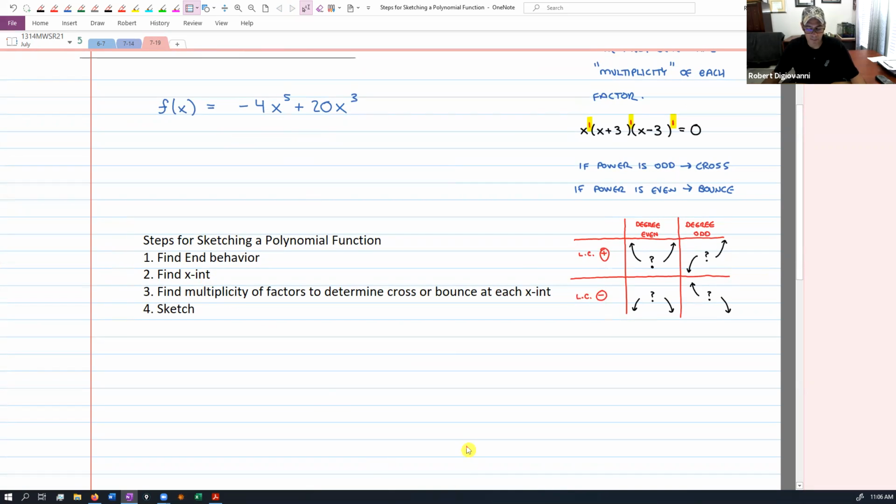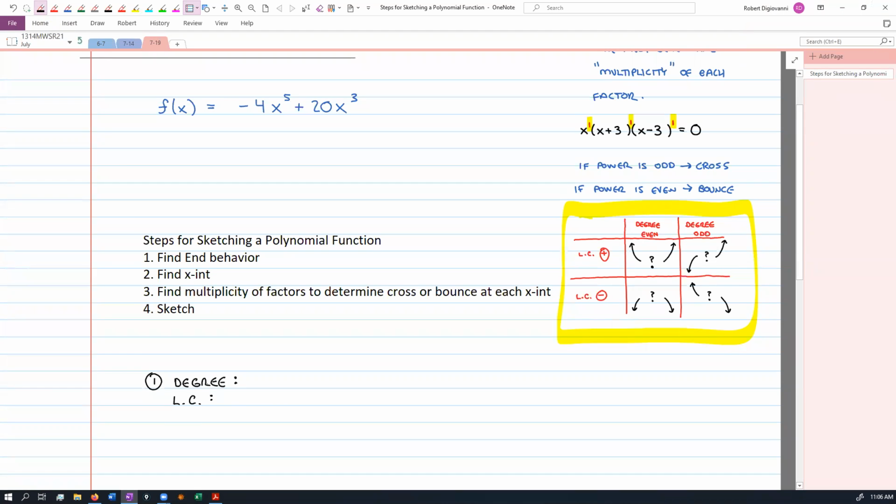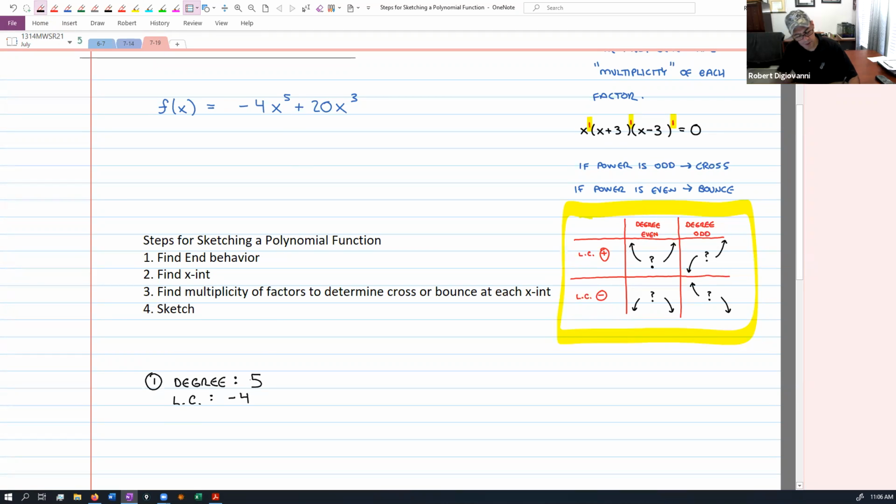And to figure out the end behavior, we're going to be using this table. So for us, step 1, the degree of this polynomial. Someone will tell me what the degree is and what the leading coefficient is. The degree is 5, the leading coefficient is -4. So the degree is the highest power of x, so that's 5.